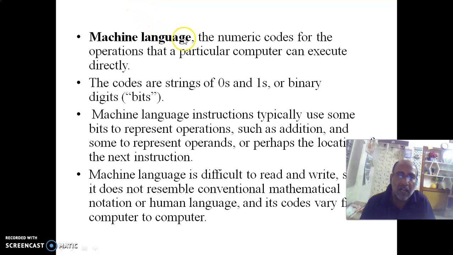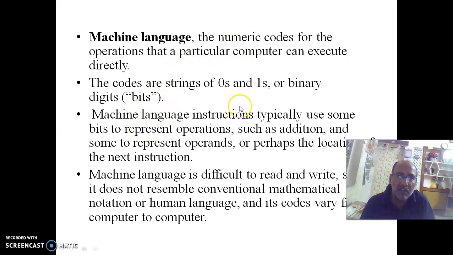In the machine level language, the numeric codes are for the operations that a particular computer can execute directly. That means, in the machine level language, they are using zeros and ones, that is binary numbers or binary digits, that are bits.